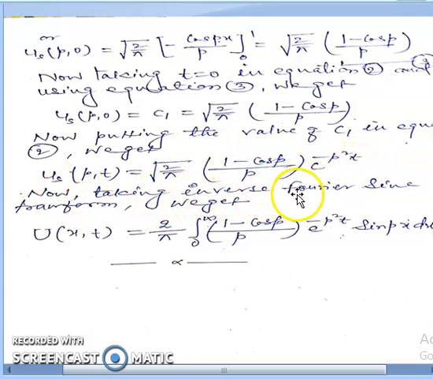Now taking the inverse Fourier sine transform, we get u(x,t) = (2/π) ∫₀^∞ (1 − cos p)/p e^(−p²t) sin(px) dp. So this is the required solution of the problem with the help of the boundary value conditions.